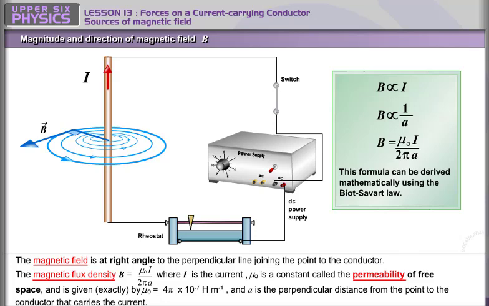The magnetic flux density B equals mu naught I over 2 pi a, where I is the current. Mu naught is a constant called the permeability of free space and is given exactly by mu naught equals 4 pi times 10 to the power minus 7 Henry per meter, and a is the perpendicular distance from the point to the conductor that carries the current.